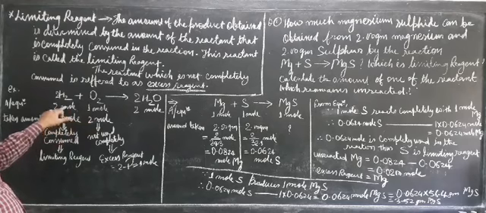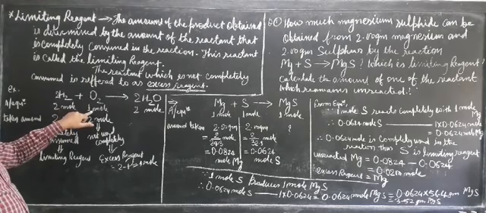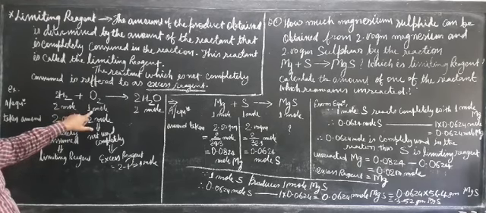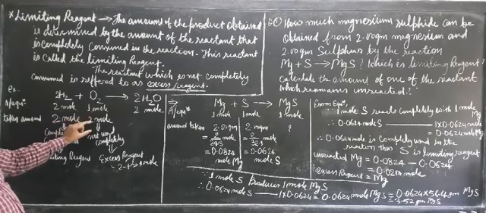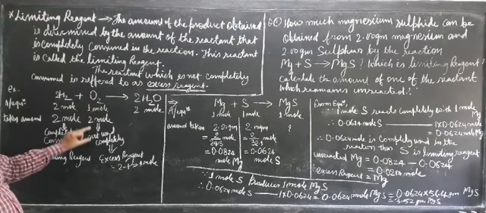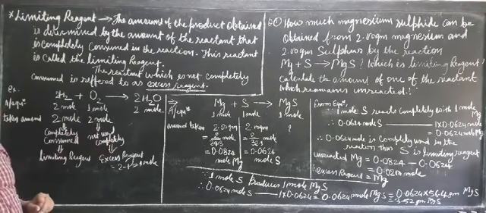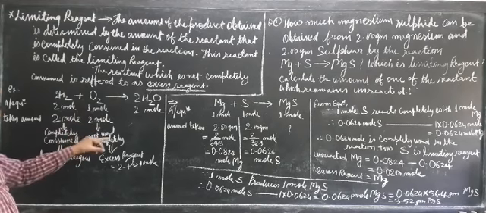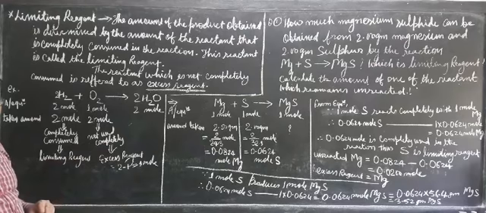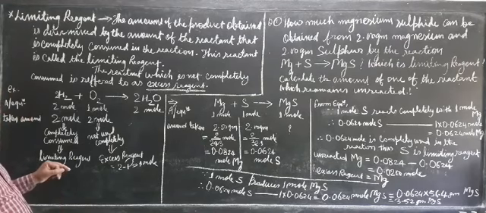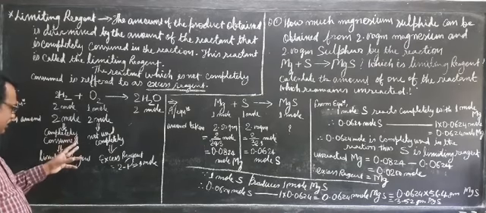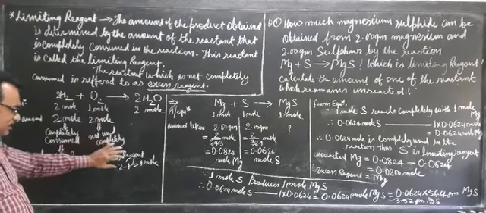So 2 mole of hydrogen would react with 1 mole of oxygen. Then 1 mole of oxygen would remain. So it is in excess. It is not used up completely during the chemical reaction, so that means it is an excess reagent.